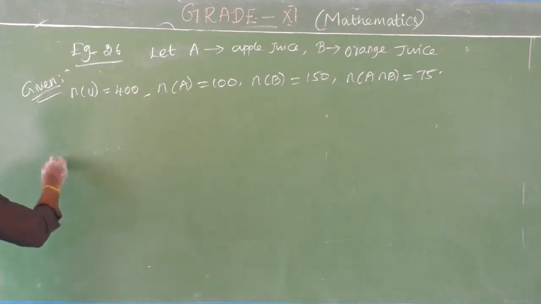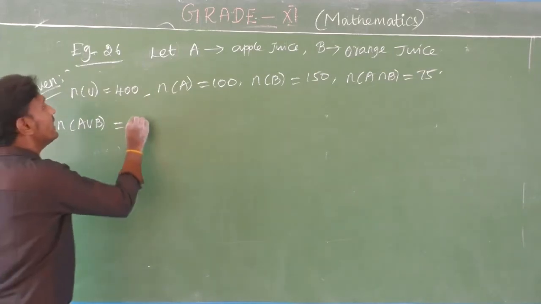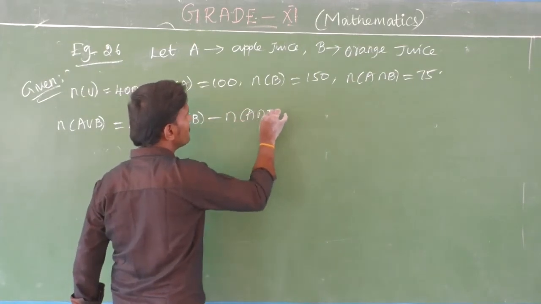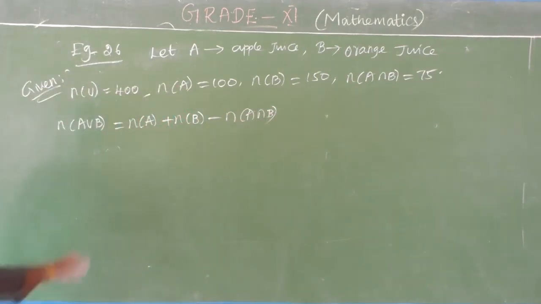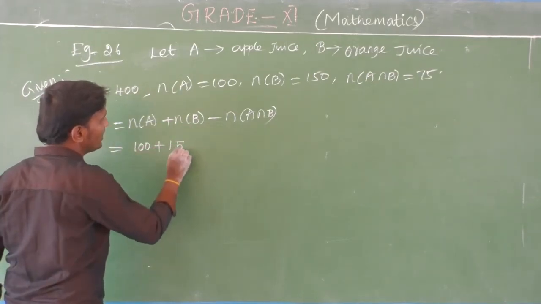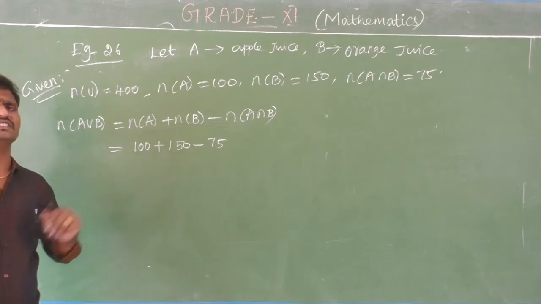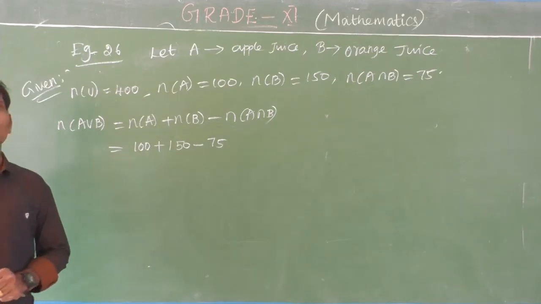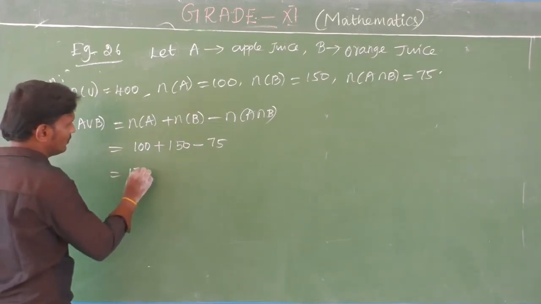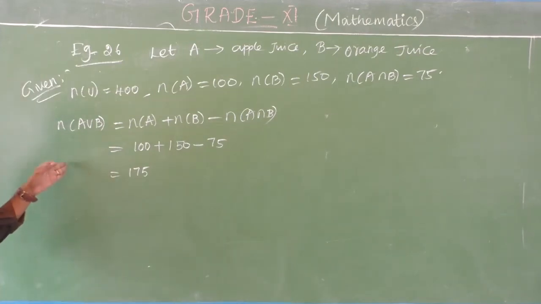Now first I am going to find n of A union B. The formula is n of A plus n of B minus n of A intersection B. I substitute the given values: n of A is 100 plus n of B is 150 minus n of A intersection B is 75. Now add and subtract: 100 plus 150 is 250, 250 minus 75 is 175. So 175 students are taking apple juice or orange juice.